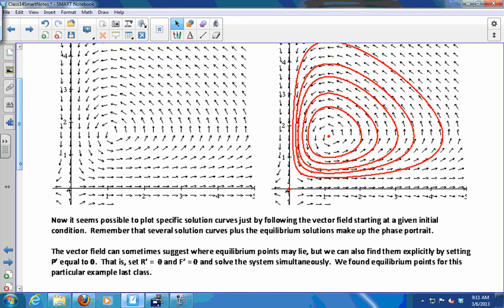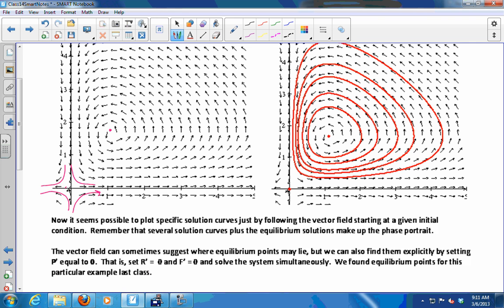Sometimes the vector field or the direction field can suggest where the equilibrium points are. Like here, something is happening right there, right? We're closing in on that point. That's probably an equilibrium point. And the same thing, something crazy is happening at the origin because the slopes are going like this and like this and like this.